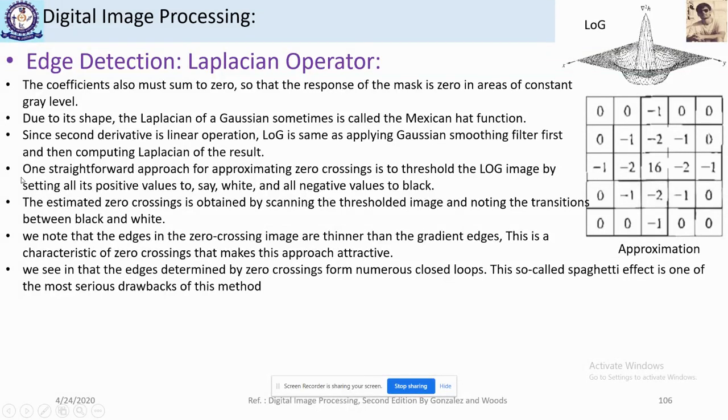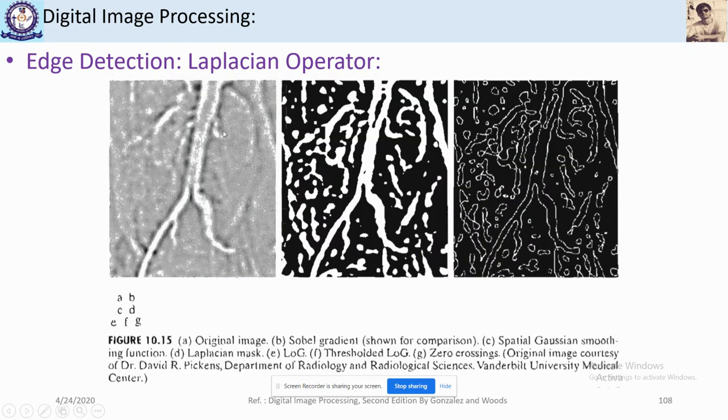One straightforward approach for approximating zero crossing is to threshold the LOG image by setting all its positive values to white and all negative values to black. So thresholding was done, as we have discussed, by assigning all positive values to white and all negative values to black.